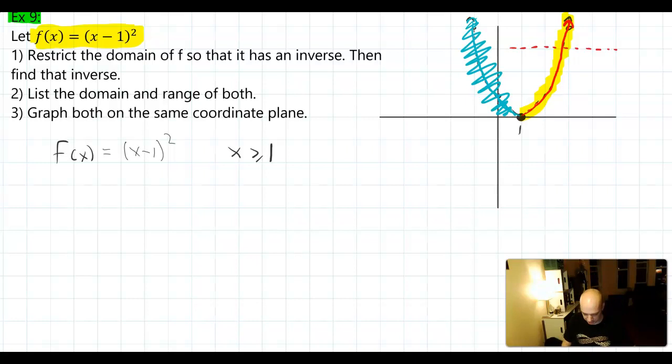Now with the domain restriction intact, let's go ahead and apply the inverse solving procedure. We're going to find that inverse. Switch x with y.